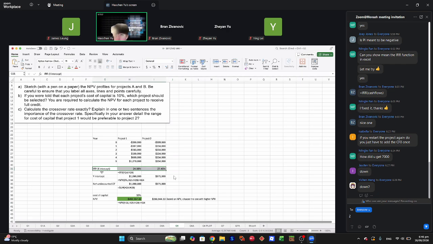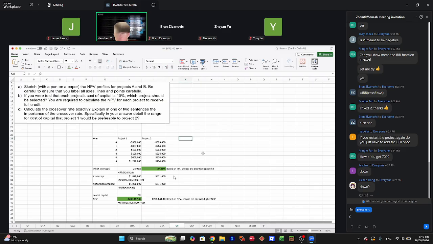We already got the IRR here. This is the x-intercept. But based on the decision rule of IRR, which one are we going to choose? We're going to choose project 2. Because the rule of IRR is to choose the one with higher IRR.